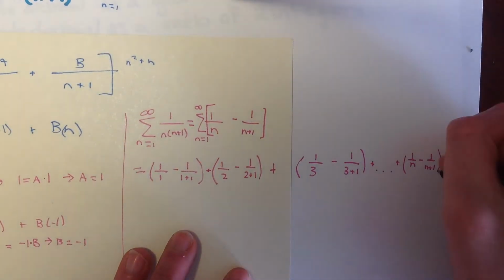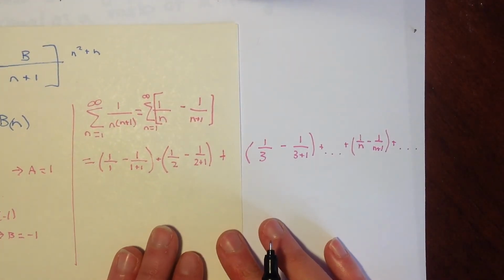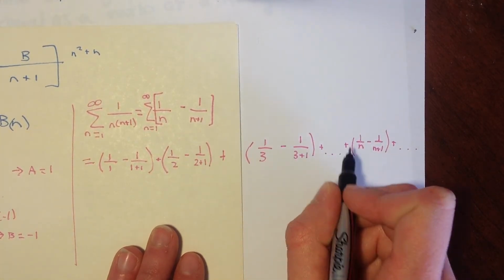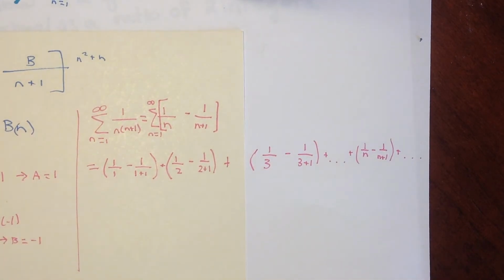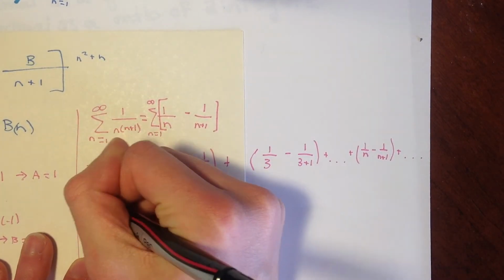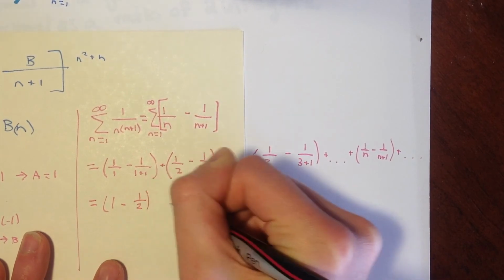And then that's going to keep going all the way to infinity, and I'm going to indicate that with plus dot dot dot. Remember to format it this way, or you will get points taken off on the AP Calculus exam. So now what's significant about this? I'm going to simplify this to make this a little more clear, and hopefully you will recognize that something special is happening.